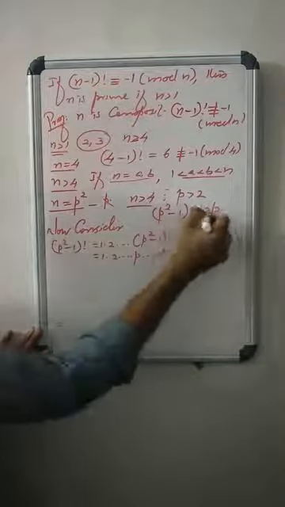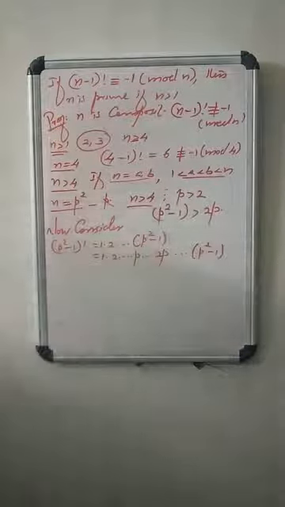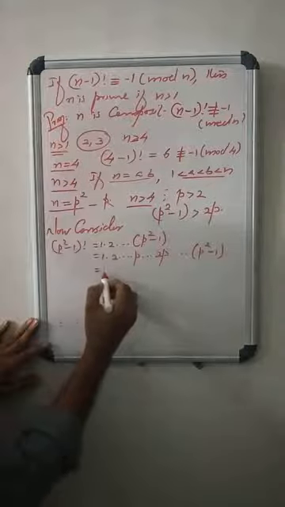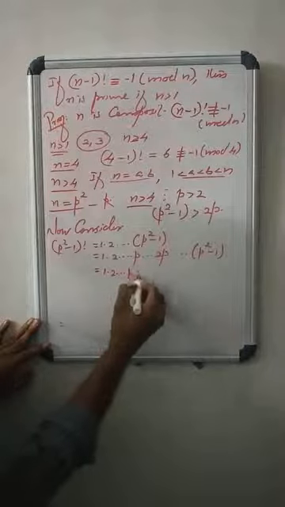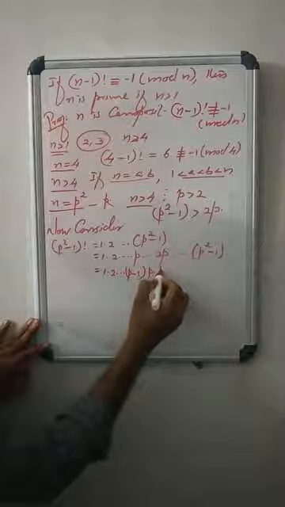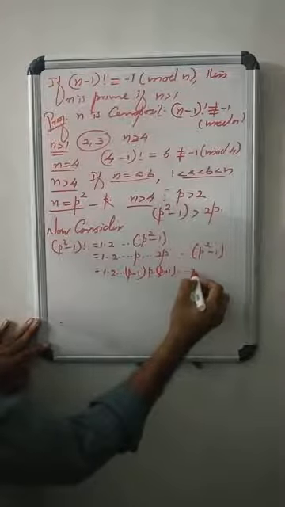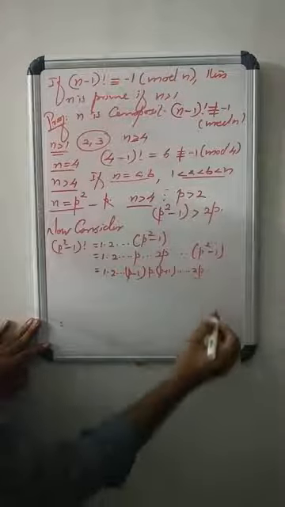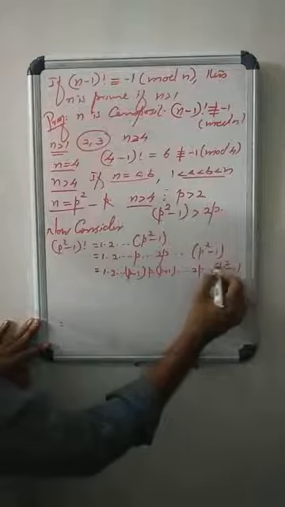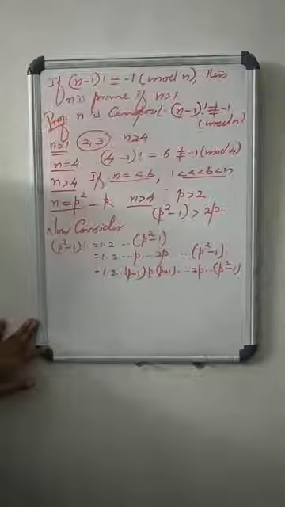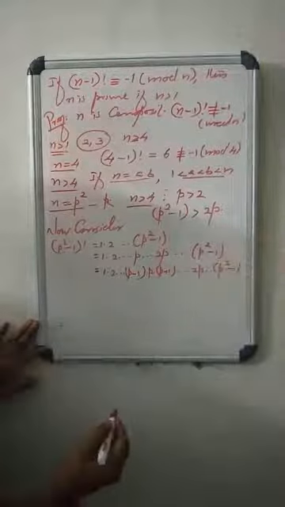Why? Because p square minus 1 should be greater than 2p. That equals 1 into 2 into etc. to p minus 1 into p plus 1 into etc. into 2p into etc. into p square minus 1. Instead of 2p, the previous term is 2p minus 1, then 2p plus 1.